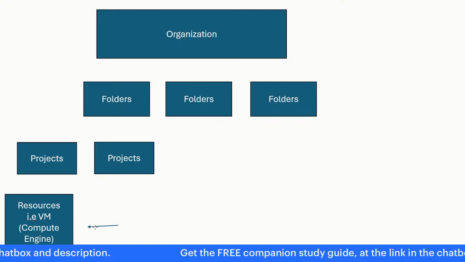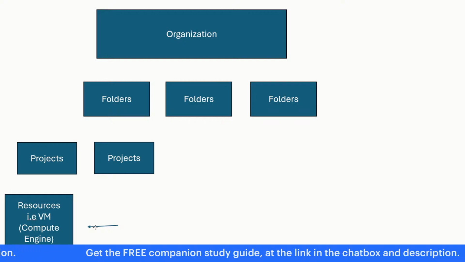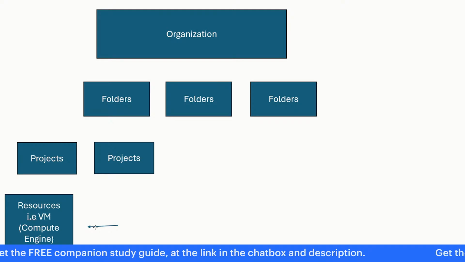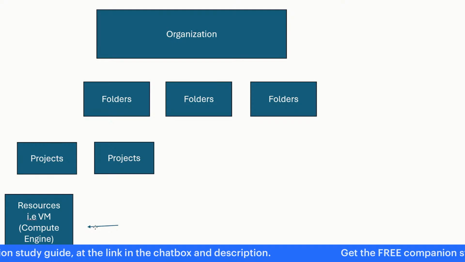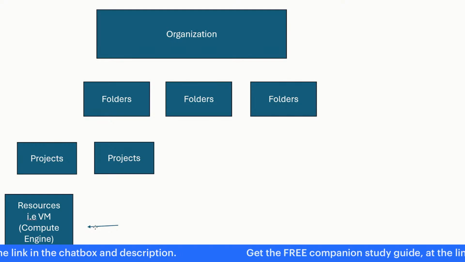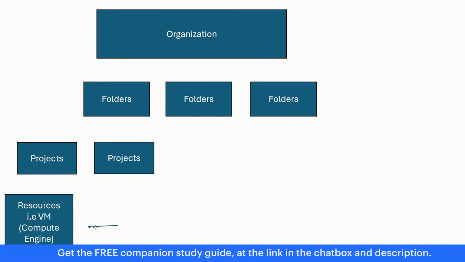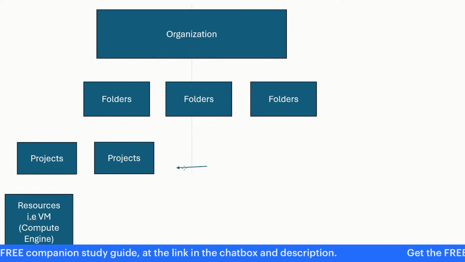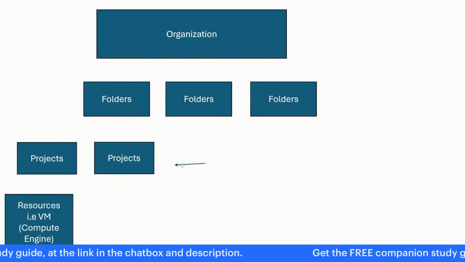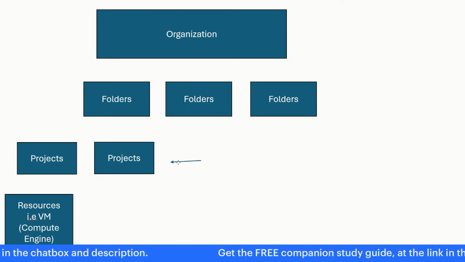This is the object storage that you'd be thinking about. This is your virtual machines. This could be your containers. All the things you're actually using is the resource. And the key here is that each resource is parented by a project, which inherits the permissions that have been applied to the project.